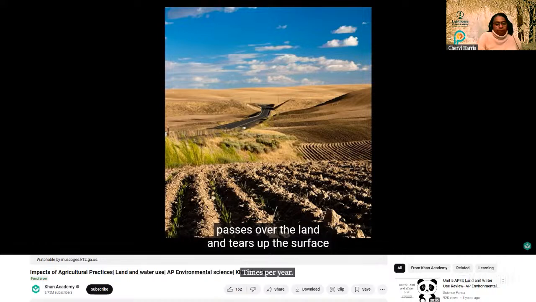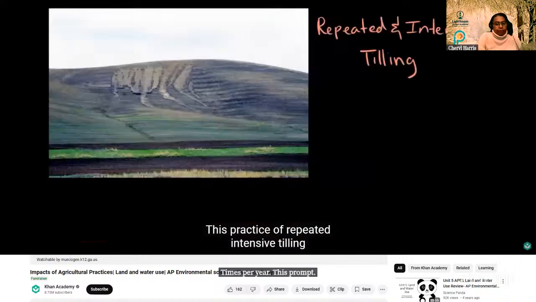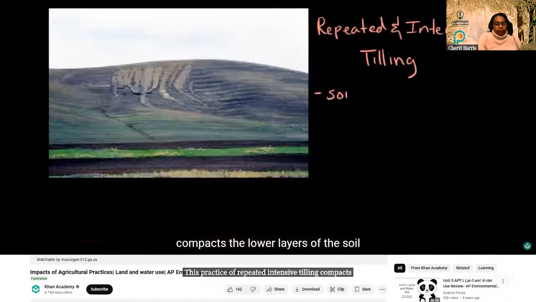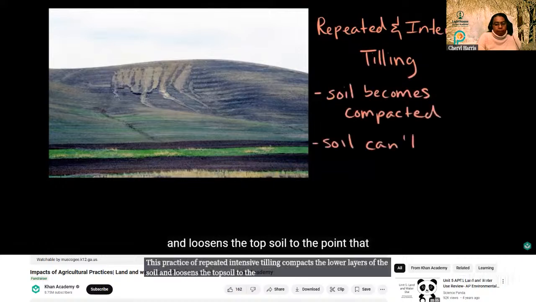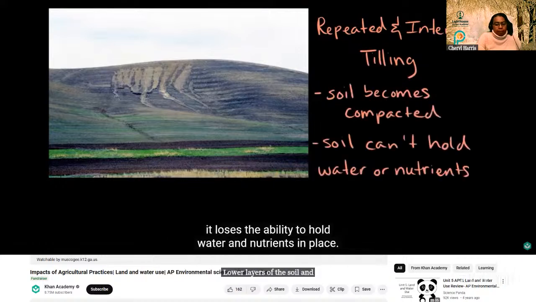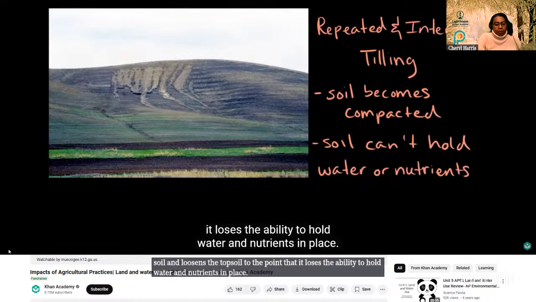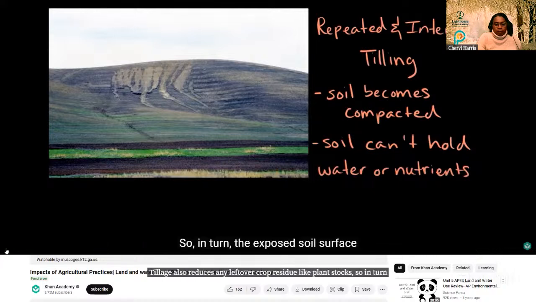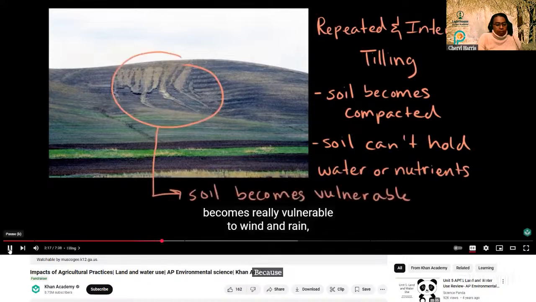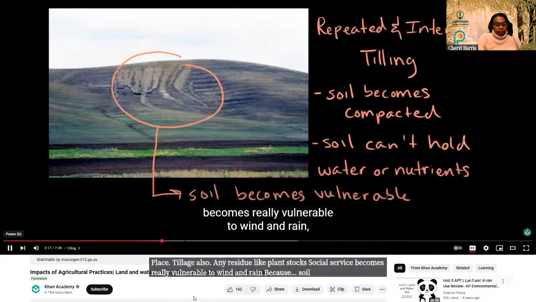This practice of repeated intensive tilling compacts the lower layers of the soil and loosens the topsoil to the point that it loses the ability to hold water and nutrients in place. Tillage also reduces any leftover crop residue, like plant stalks, so in turn, the exposed soil surface becomes really vulnerable to wind and rain because nothing is really holding the soil down or providing cover.